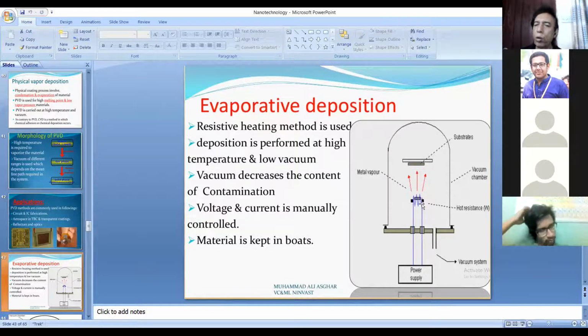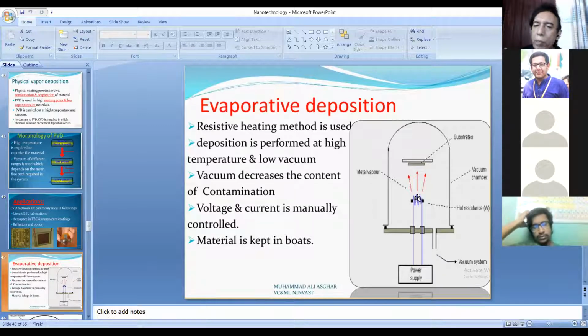Now, when you heat this aluminum, it will vaporize and go this way, and here you keep the substrate on which you want to deposit the thin film.